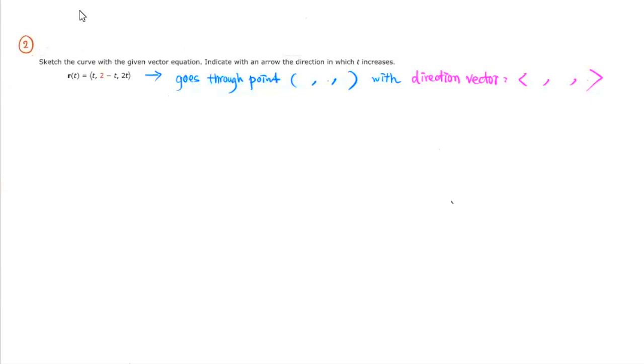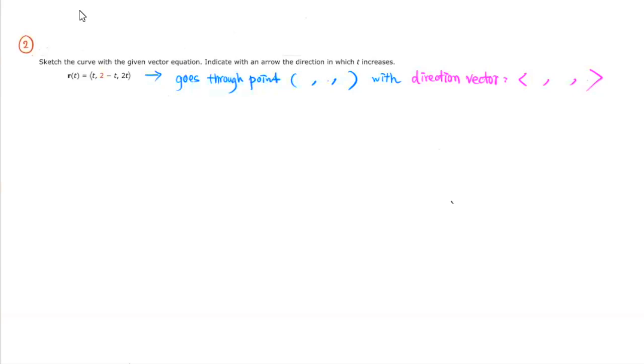Does this 3 component form remind you of the equation for what? Yeah, it's the equation for a line, right? A line.